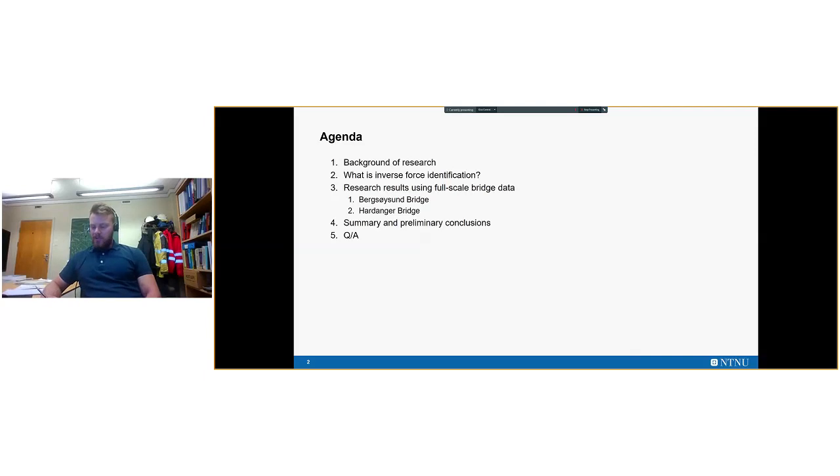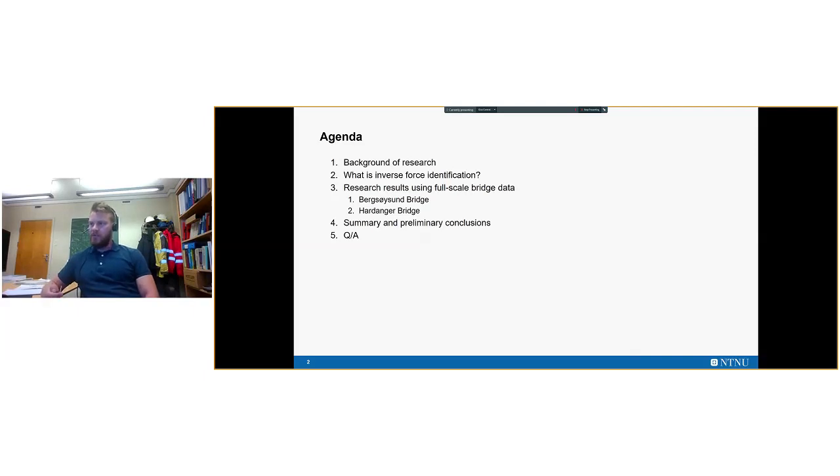So the outline of today's presentation is as follows. I will start with some basic background for the research we do, and then I will define the inverse force identification problem, since I think that this is a relatively new term to most engineers.